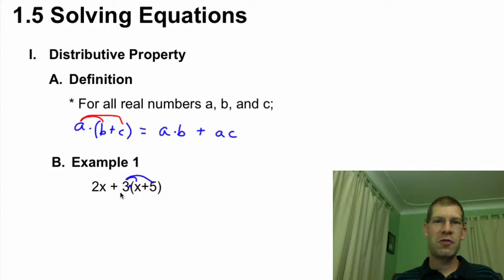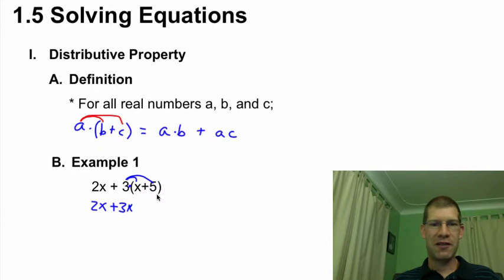And one thing that's worth mentioning is that when we have this plus 3 times x plus 5, it's like you have a positive 3 times a positive x times a positive 5. So if we rewrite the expression, technically there's no equals, 2x, now we have 3 times x, so that gives me plus 3x, a positive 3 times a positive x gives me a positive 3x.